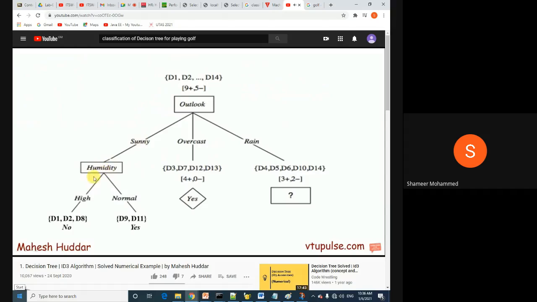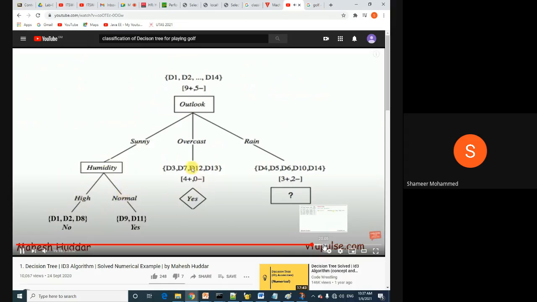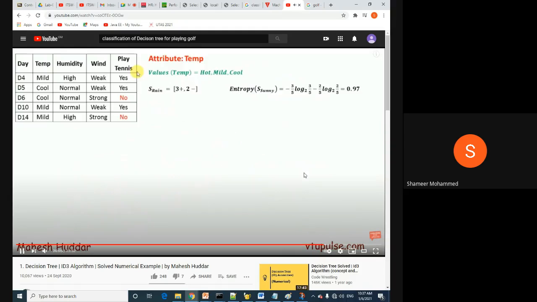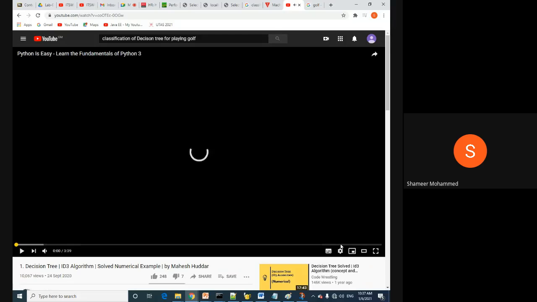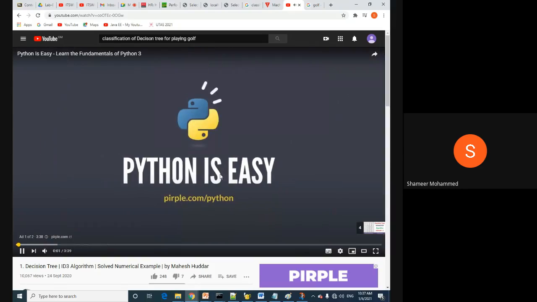see this now. Like this, you will go for the rain. So if it is rainy, what is your decision? Whether you can play or you cannot play.